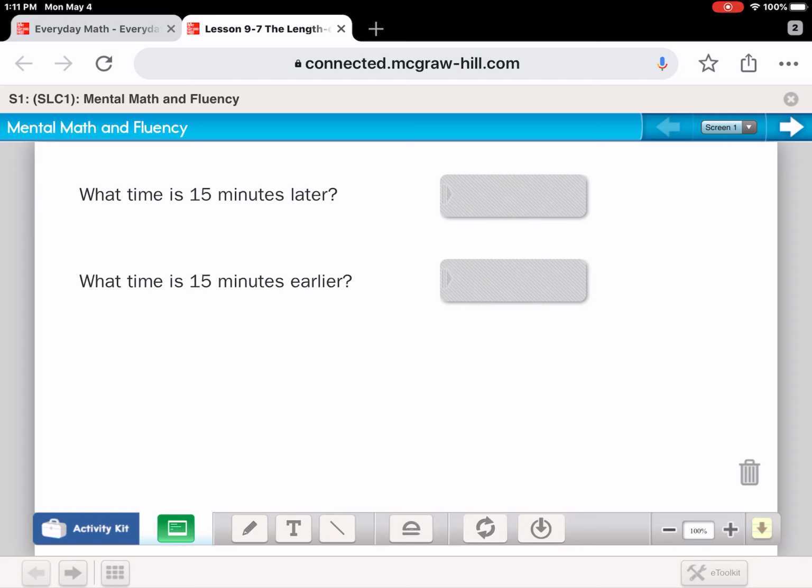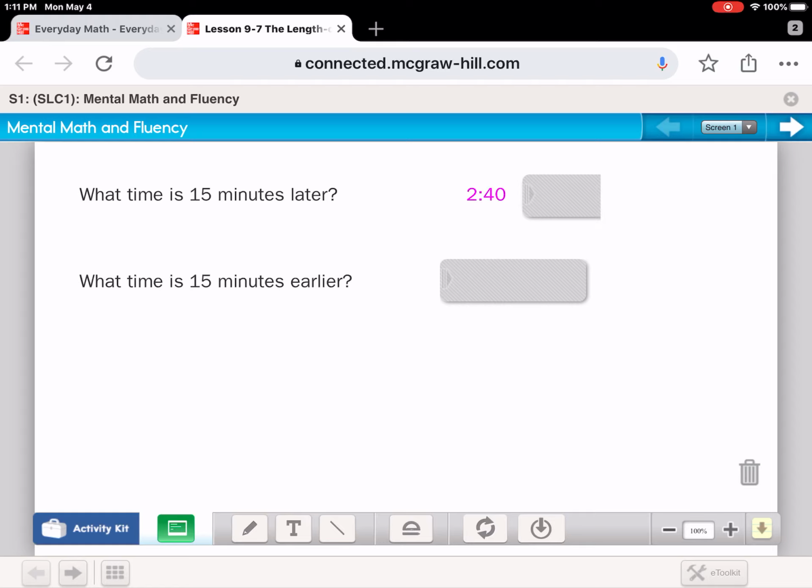On your piece of paper, I'm going to tell you a time, and I'd like you to write down what time it will be 15 minutes later and then 15 minutes earlier. So for this first one, if it is 2:25, write down what time it will be 15 minutes later than 2:25.